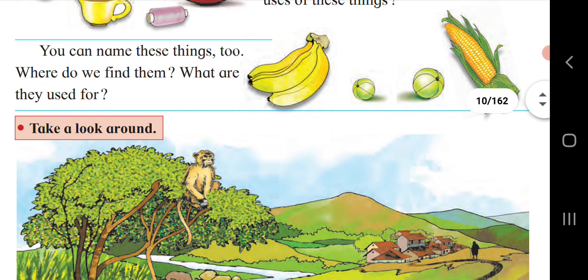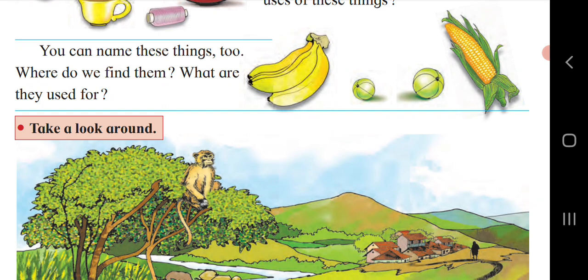You can name these things too. Where do we find them? What are they used for? Yes, you can see here that showing here banana, amla, sweet corn, or we can say corn also. So banana we make use as a food item. Amla also we make use of as a medicinal herb, or a medicinal product also.